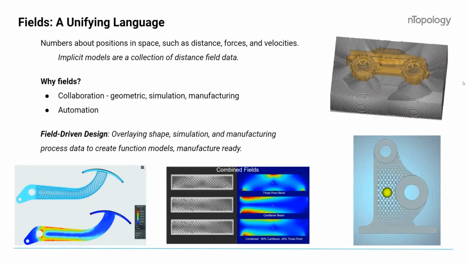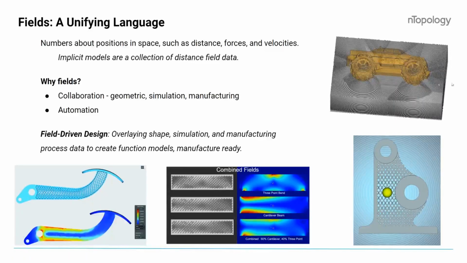One of the primary benefits of using fields, and there are many, is collaboration. This is so important when today there exist so many fragmented workflows and point solutions out there. Using the language of fields, different stakeholders can input data as needed to describe a design or a particular process. The second is automation. When geometric operations don't fail, when they're robust because of this technology and the use of fields, this allows field data to drive operations that were once manual and error prone.